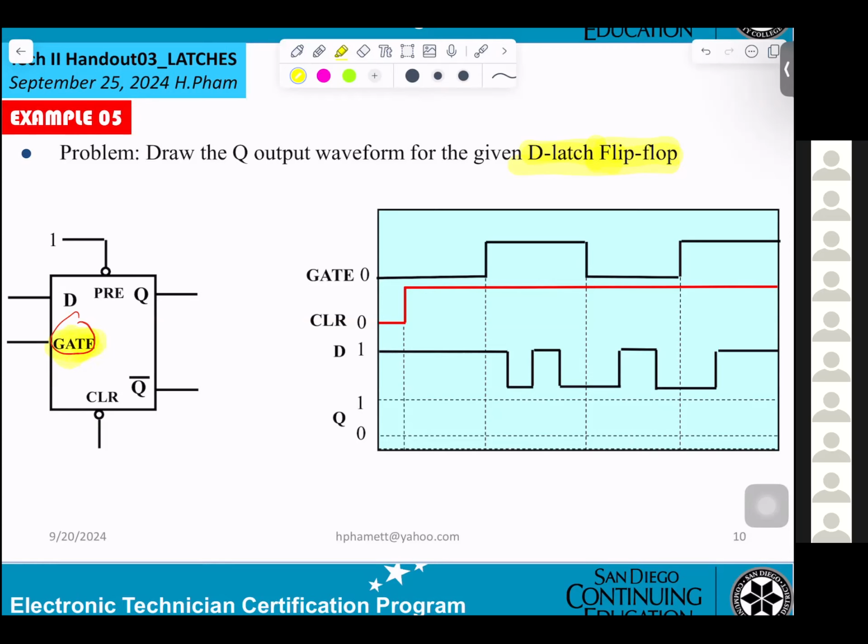That means gate equal to 1, then Q equal D. Gate equal 0, Q will be no change.